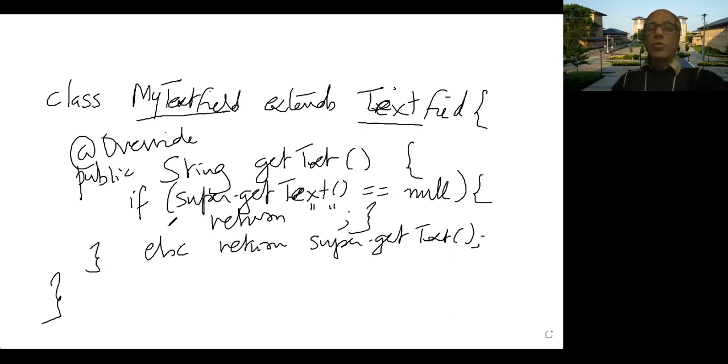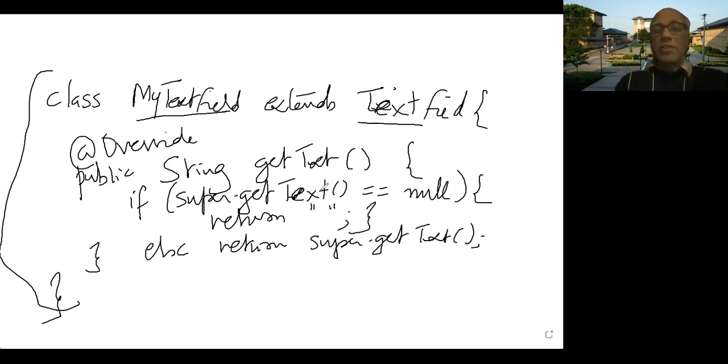Now, when my code called getText, and if there was nothing in that text field, it would return at least one space and my code stopped crashing. This took me about 5-10 minutes, and I didn't have to do all of these checks all over the place in my code. There were so many places in my code that I would have had to change. So this helped me a lot.